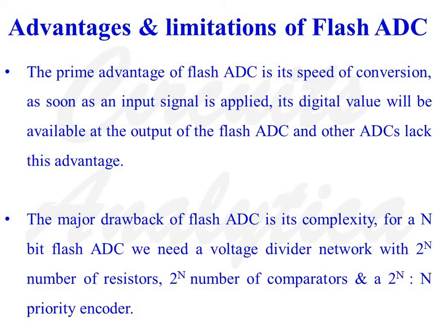In the case of a 3-bit flash analog to digital converter, the circuit consists of 8 comparators and an 8:3 priority encoder. So we can say that the number of comparators will be doubled if number of output bits is increased by 1.